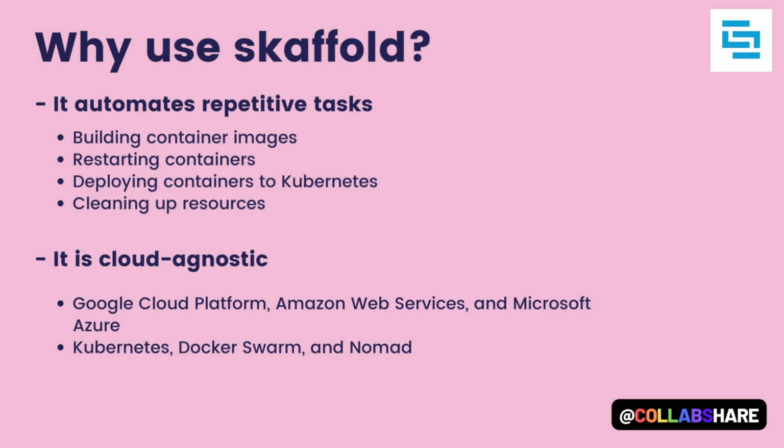For example, if a team is using Kubernetes to manage their containers on GCP, they can use Skaffold to automate the build and deployment process without having to worry about the specifics of Kubernetes or GCP.